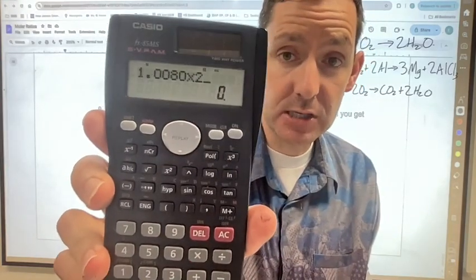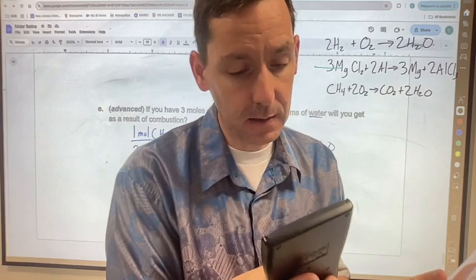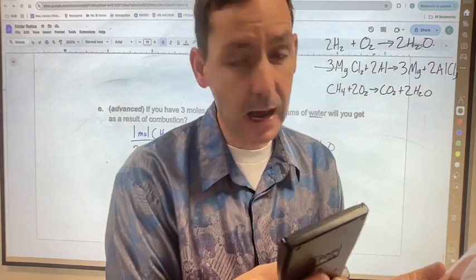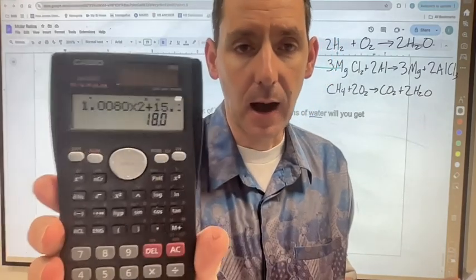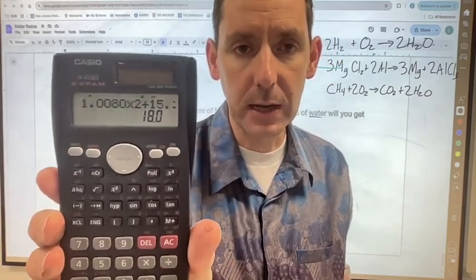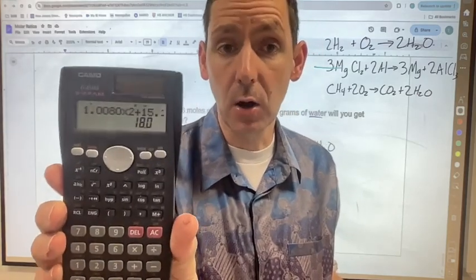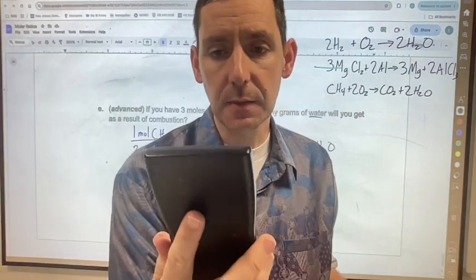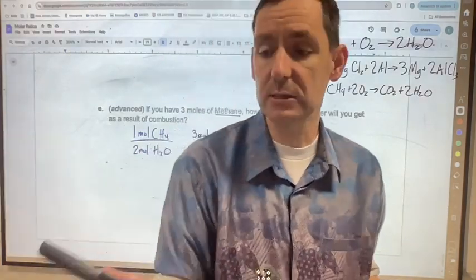So I have 2 hydrogens. And then I'm going to add on that 15.999, which is the oxygen. And then when I push enter, I get 18.0. All right? So 18.0 looks like it's been rounded to 3 sig figs. That's fine. I can use 3 sig figs.